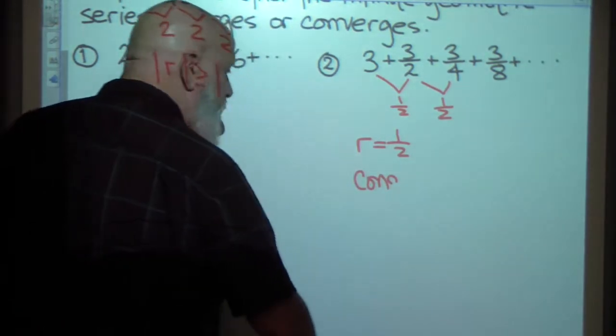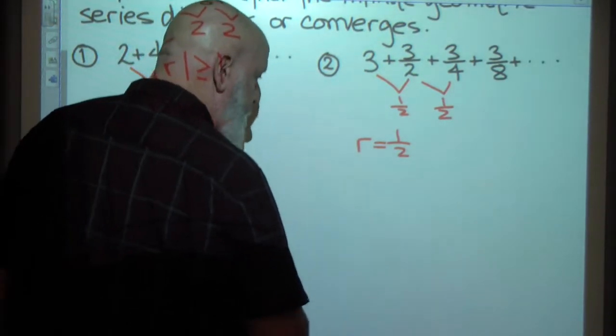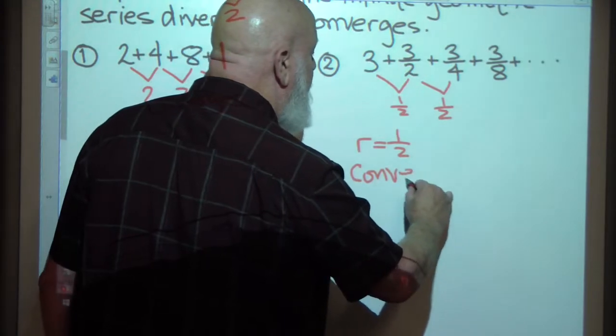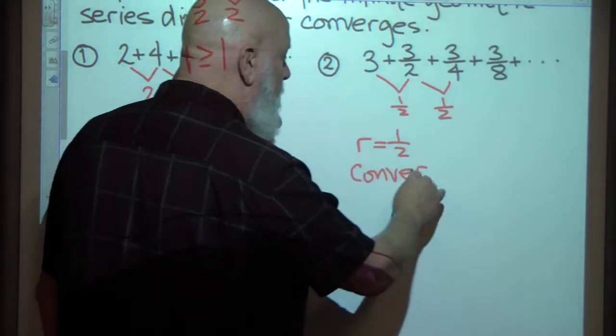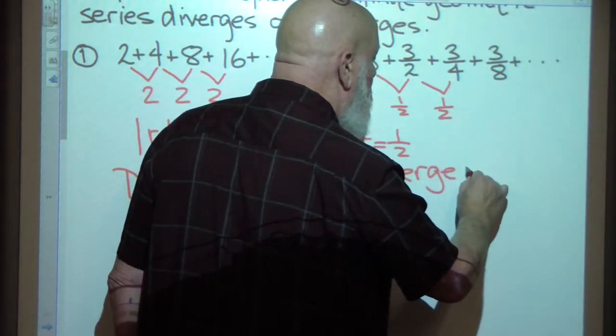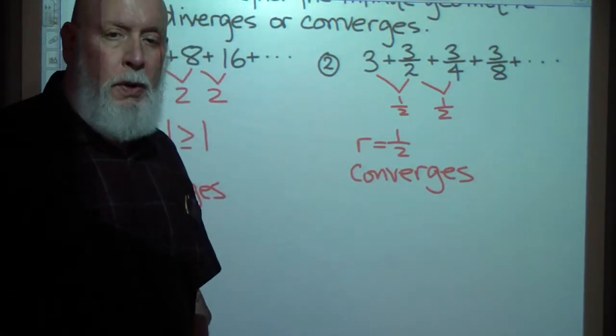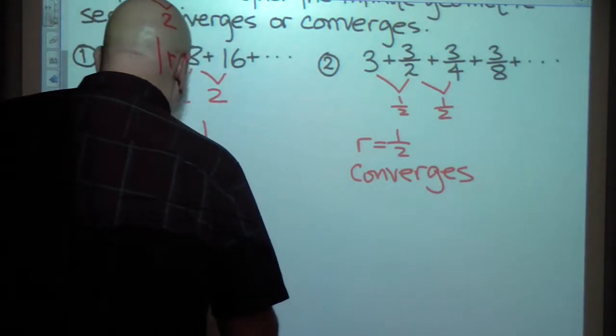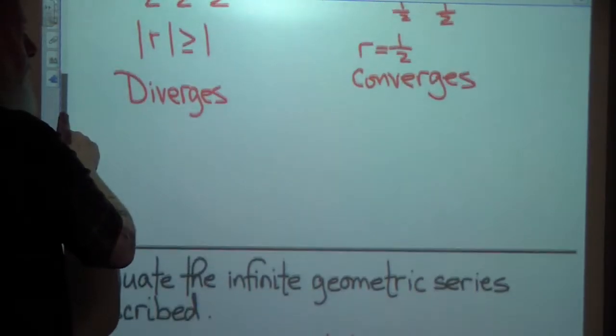Oops. See if I can spell the word converges. Now I want to talk to you about converges real quick, kind of give you an idea of what's going on. We say that the series converges, or we say that the series is convergent. Let's take a look at what converging series do.